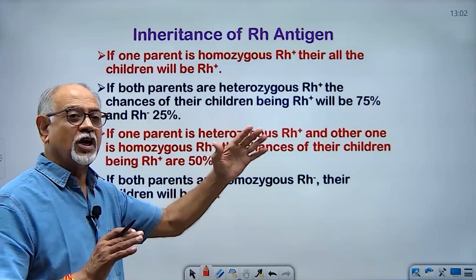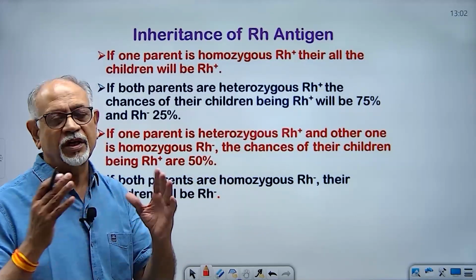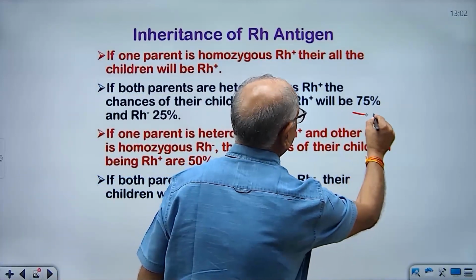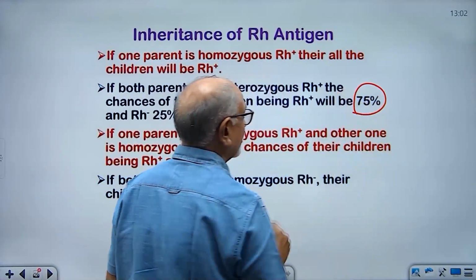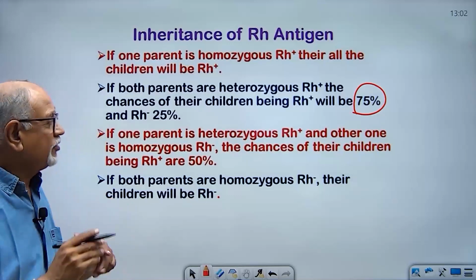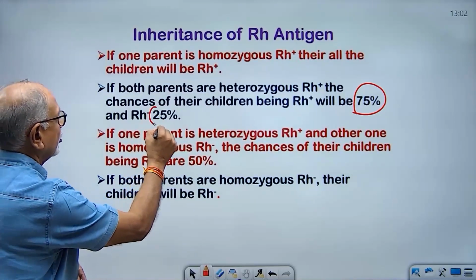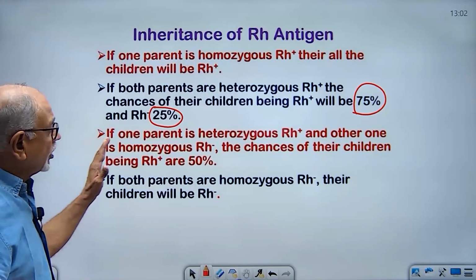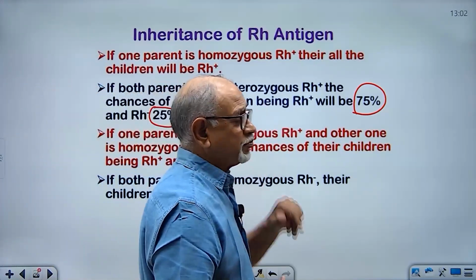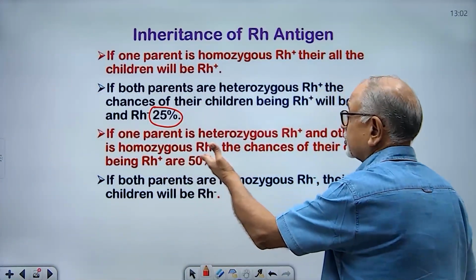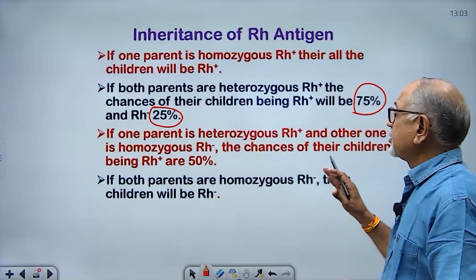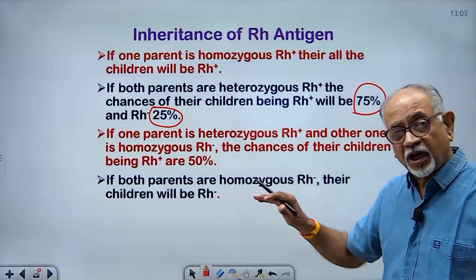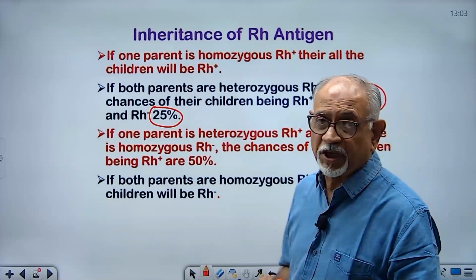If both are Rh positive and heterozygous, the chances of being Rh positive will be as much as 75%, and only 25% chance is there of the child being Rh negative. But if one is heterozygous Rh positive and the other is homozygous negative, then the chances are 50% of being Rh positive, as I just mentioned.